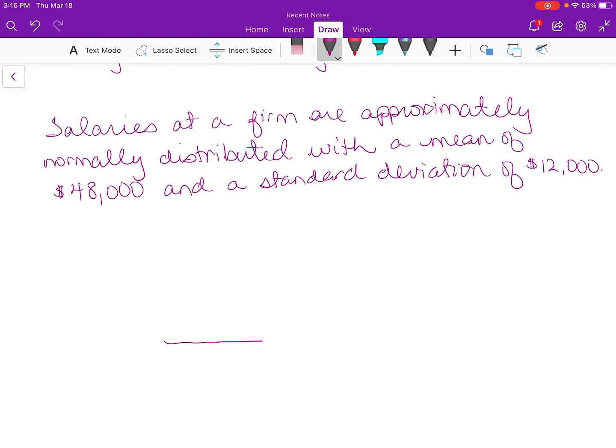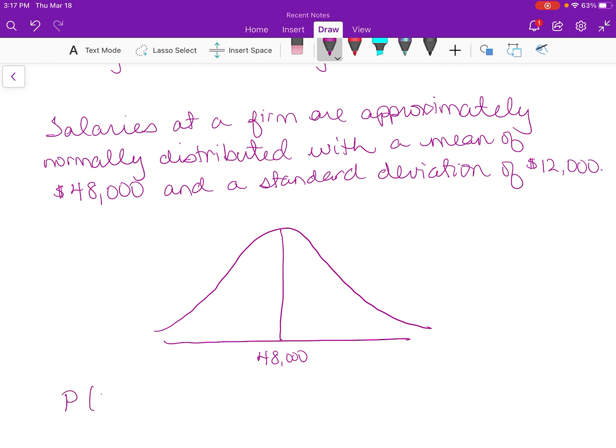So again, draw my normal curve. My mean would be 48,000. And then I could go up the 3 standard deviations and down the 3 standard deviations. So I'm going to find a few probabilities. I'm going to look at the probability of having a salary that is less than 30,000.